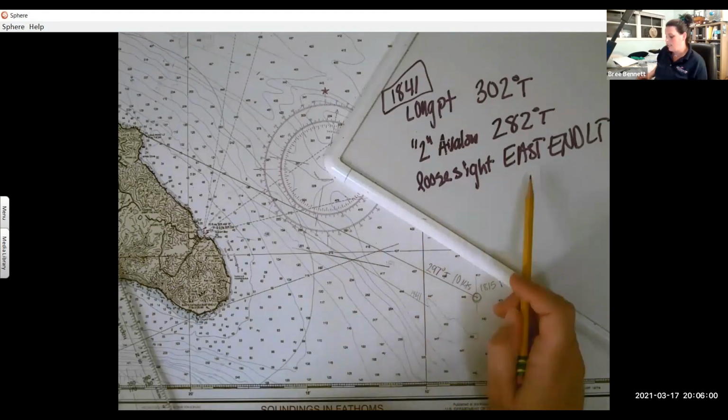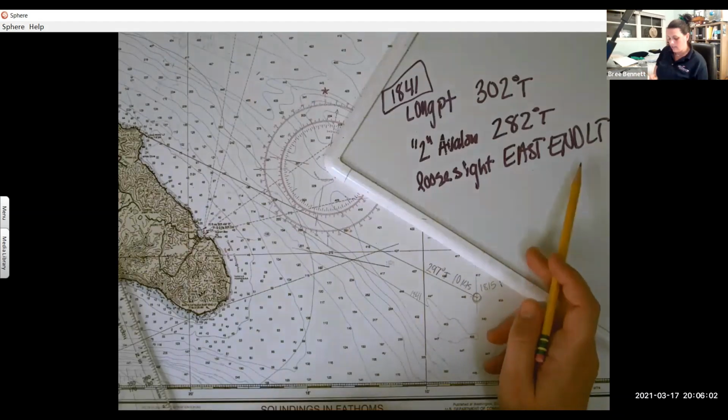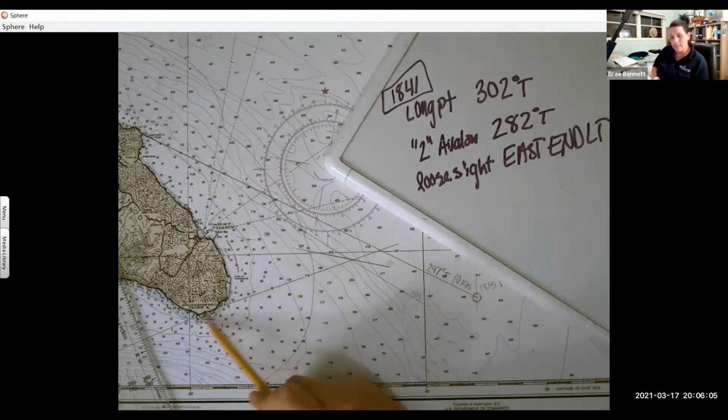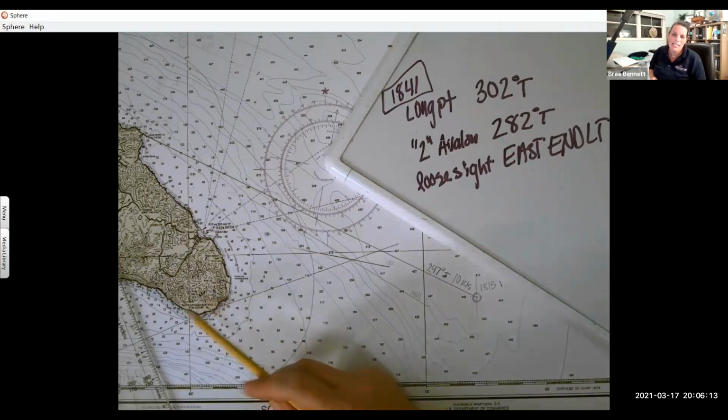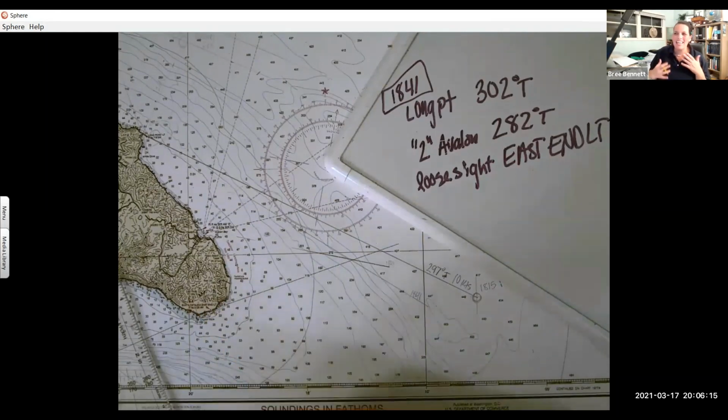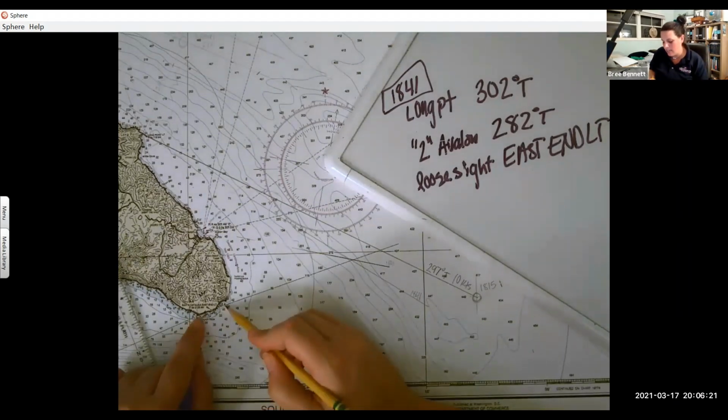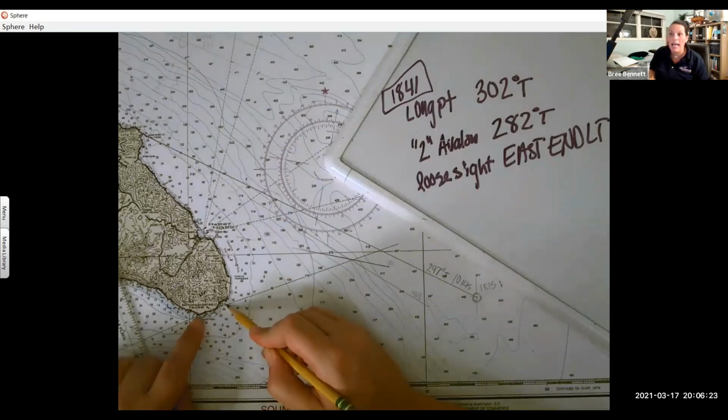lose sight of east end light. So that is the light down here, and it gives me this light obscured. So I could use that, and I want to say you can use that, but I want to say that this light obscured line isn't as accurate.